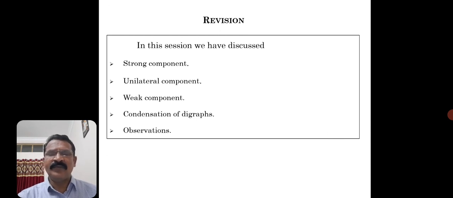One important observation is that the condensation of a digraph has no cycle at all. But it has a spanning path containing all vertices. So these are the ideas we have discussed in this session.